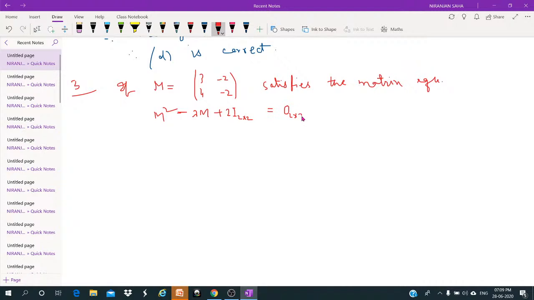So if this is true, then find the value of lambda. Here we can solve this in two ways, two procedures we can follow.